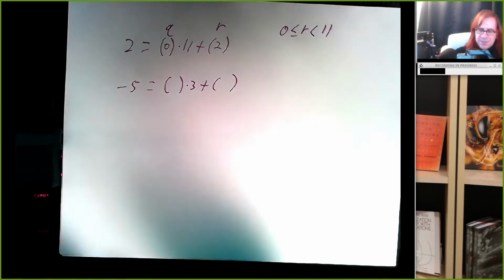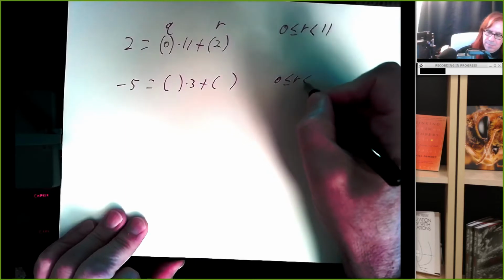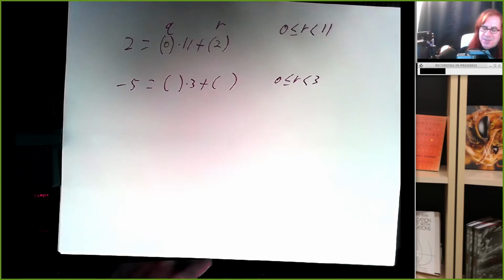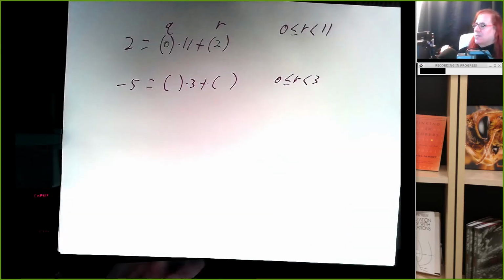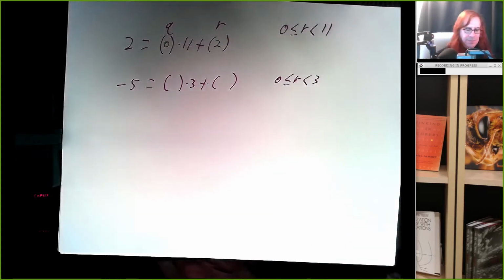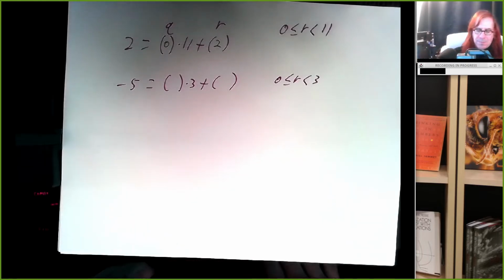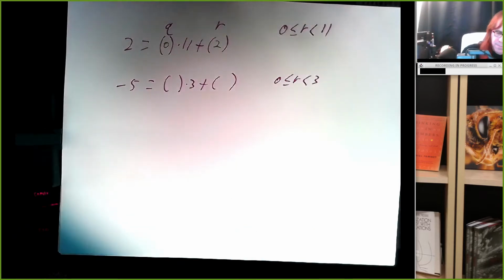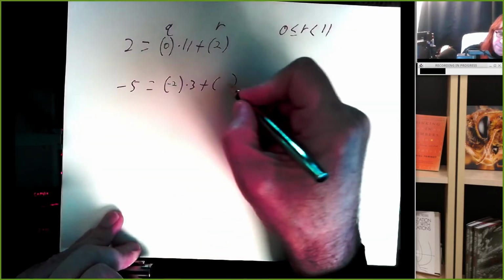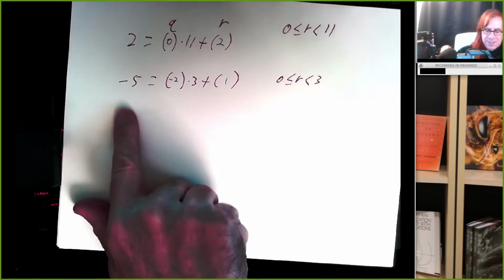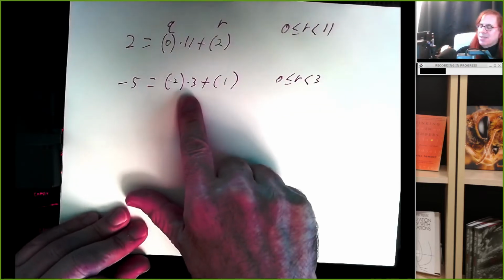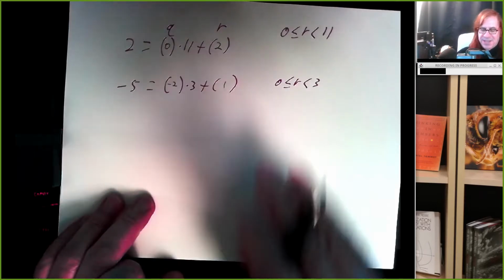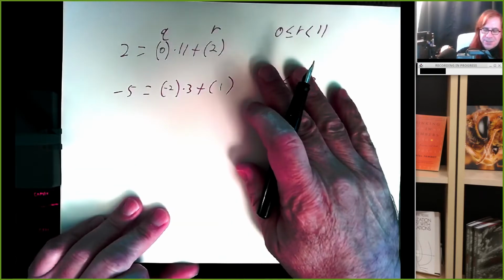How about this? Negative 5 equals something times 3 plus something, where this something is between 0 and 2. Negative 2 and 1. Right, so negative 5 is negative 2 times 3, that's negative 6, plus 1. And again, just this part of it, it's not a unique solution.